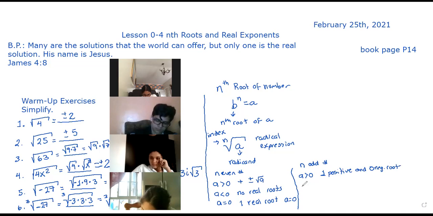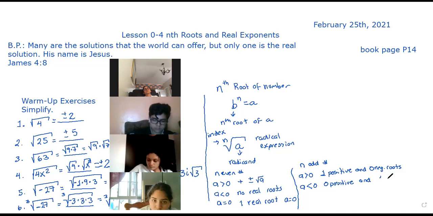If the value of a is less than 0, you are going to have 0 positive roots and only one negative root. This corresponds to exercise number 6.